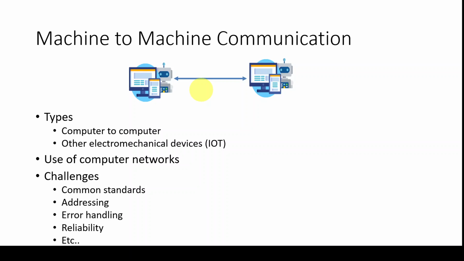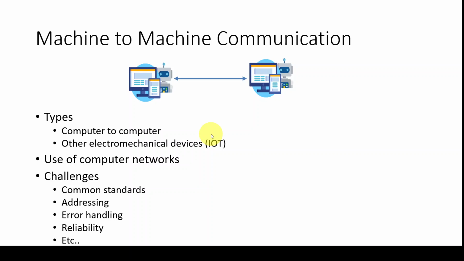It may be a CCTV camera, another small electronic gadget in your garage door, the refrigerator, washing machine. These are also getting more and more into the smart category, and the communication between those is called Internet of Things, IoT, communication and collaboration. So that is also now a new category in machine to machine communication.